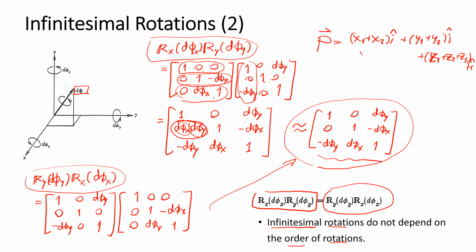So for infinitesimal rotation, it is a vector and relates to the direction that it rotates about, and the infinitesimal rotation can be summed. They have the additive property.